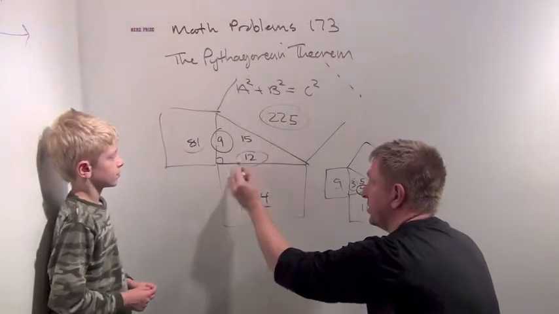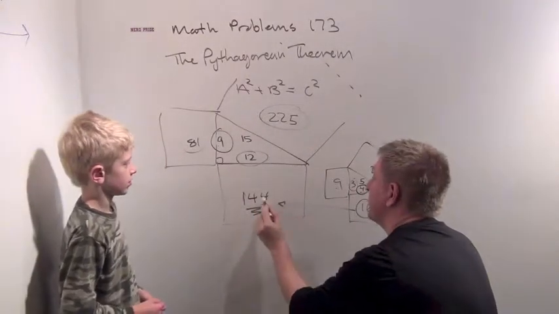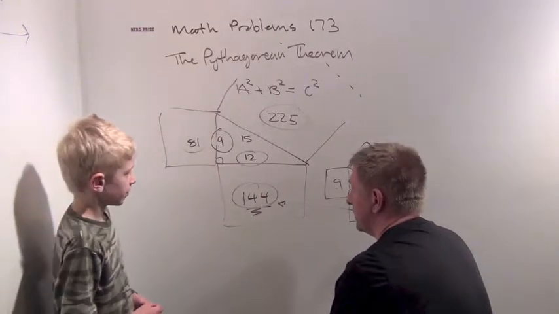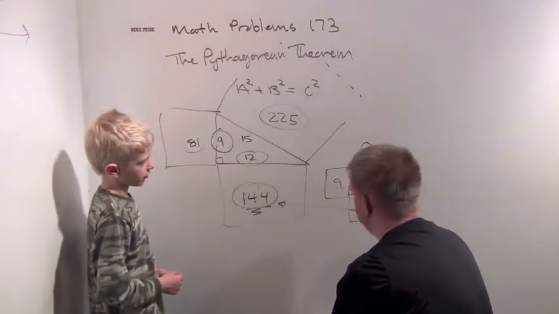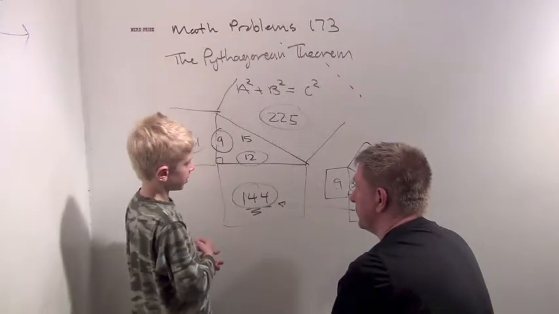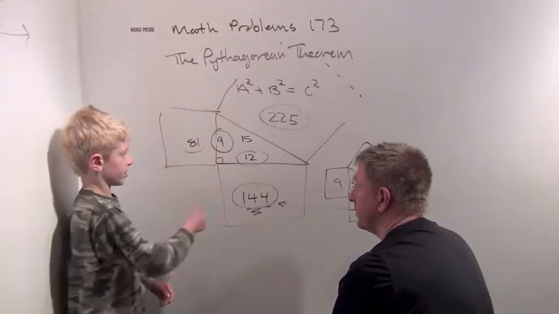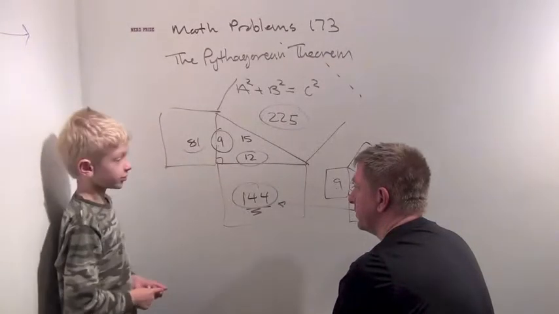Let's look at this one. 4 to 12 is multiplying by 3. Now, how do we get from 16 to 144? You multiply the side lengths by 3, so you get 12 times 12, which is 144.